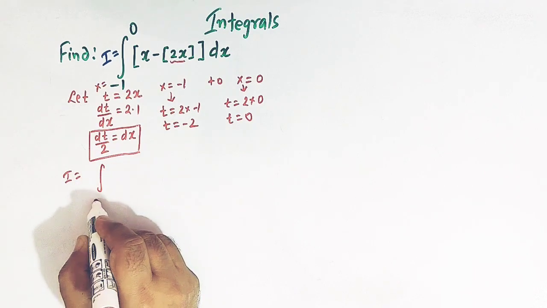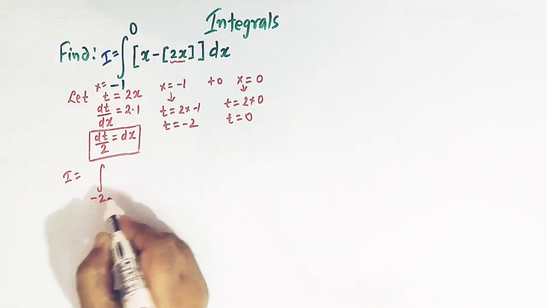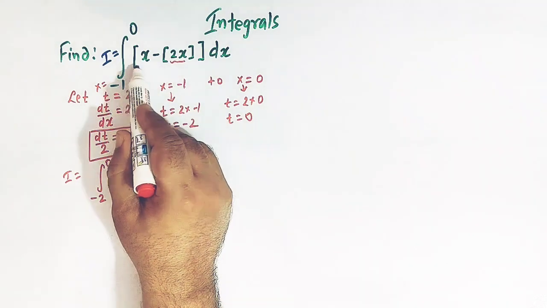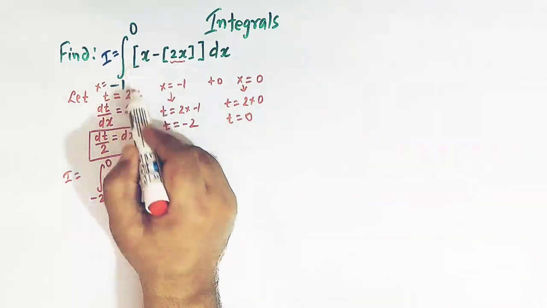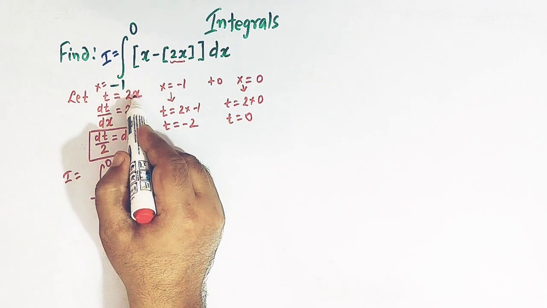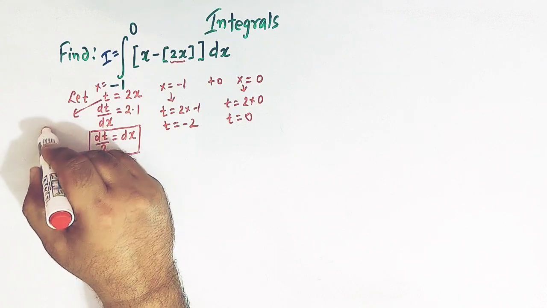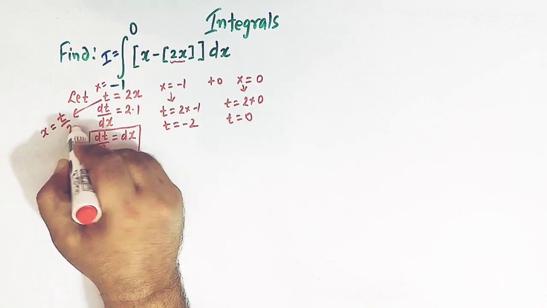So now let us rewrite this integral I in terms of the new variable t, right? So now we have the limits from -2 to 0, and we have greatest integer of x. Here for x we can write t over 2, right? So from here x is t over 2.